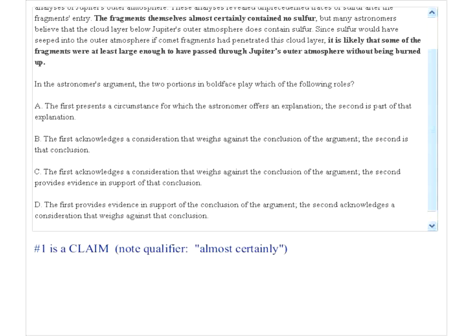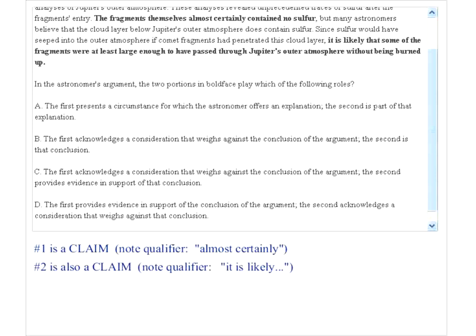Two is also a claim. Note there's a qualifier again. The qualifier is it is likely. Again, with a fact, it would make no sense to say it's likely or not likely. If something is a fact, it's either true or it's false. So there's no such thing as likelihood unless it's a claim.